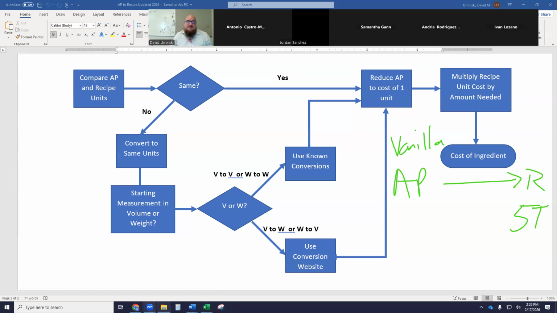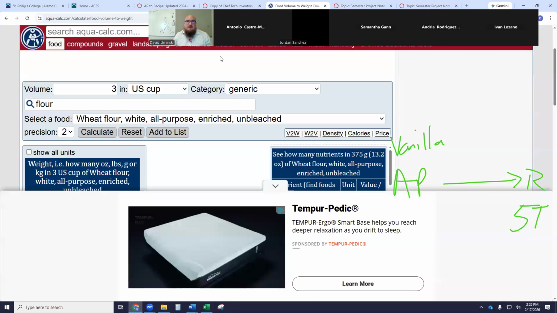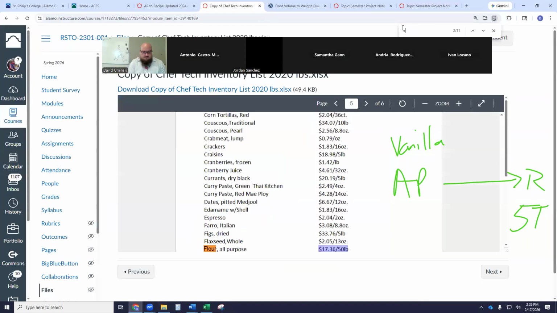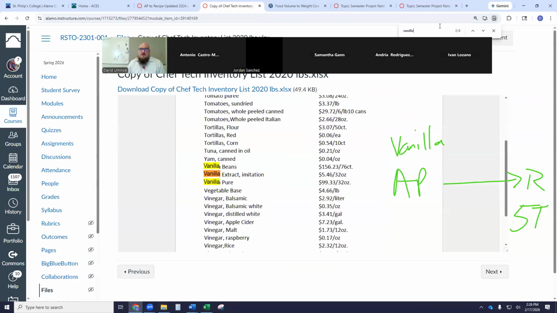We go to our Chef Tech inventory to look for vanilla. And I want pure vanilla extract, $99.33 for 32 ounces.